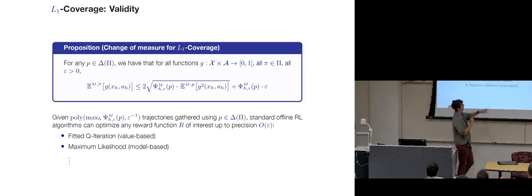So again, P is your policy mixture. If you collect data from the policy cover P, you can optimize any downstream reward function just via this decomposition.